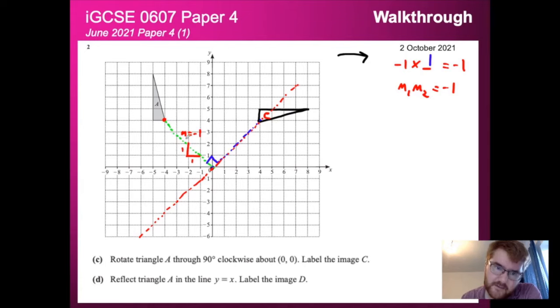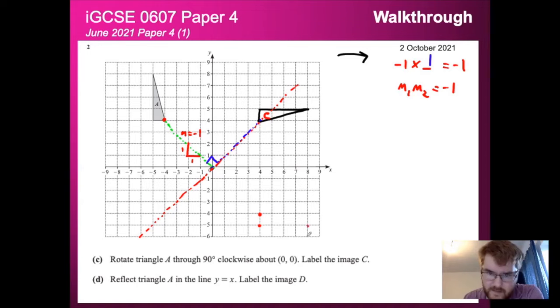So we want the same length. So 1, 2, 3, 4. So this point will correspond to this point here. And essentially we do the same method with all the different points as well. And if we put this all together, we're going to get a shape. This point is going to reflect all the way down to here, 4, -5. And then this point here, if we go all the way diagonally across, is going to reflect across to 8, -5.